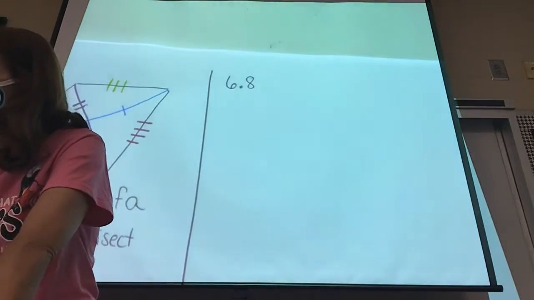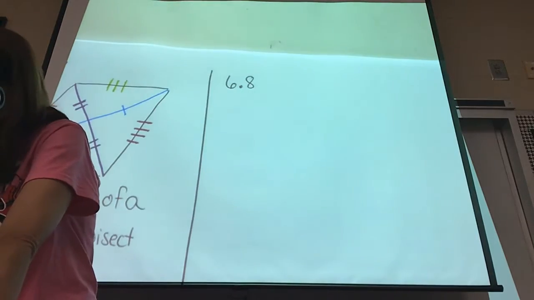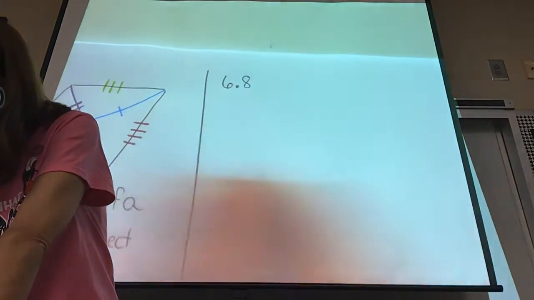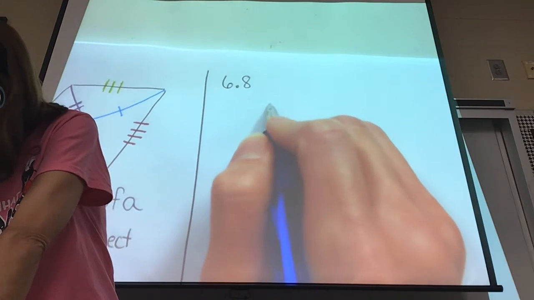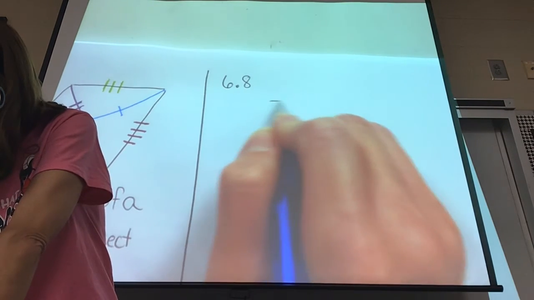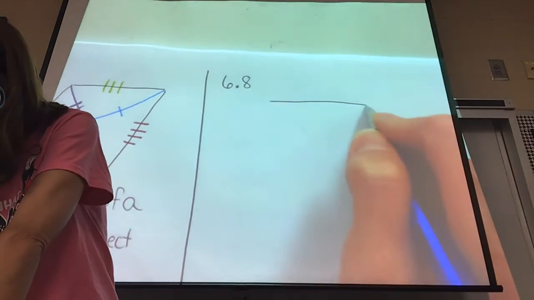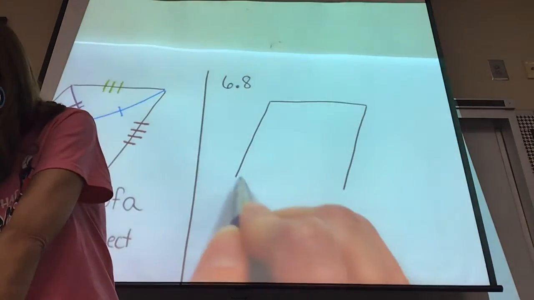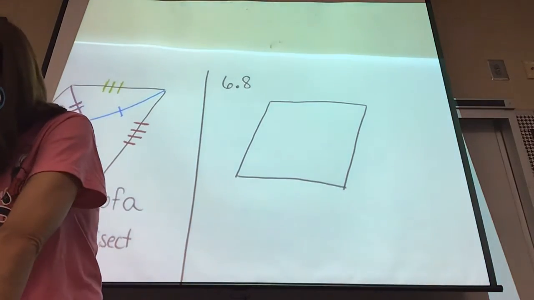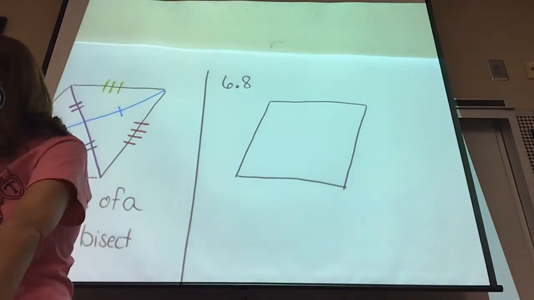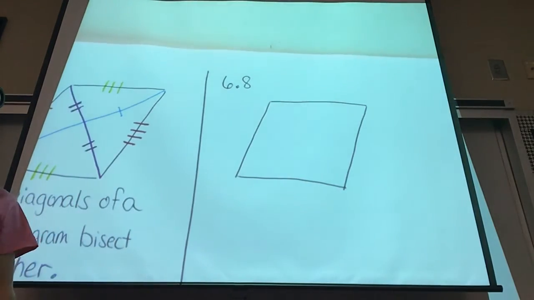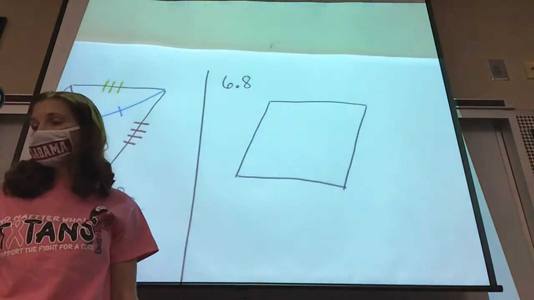So 6, 8. Last one. Still dealing with diagonals here. This one says that two congruent triangles are created by one diagonal.